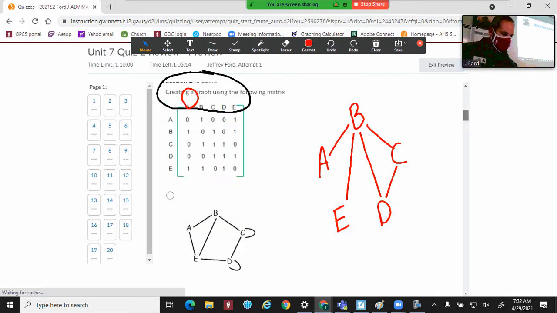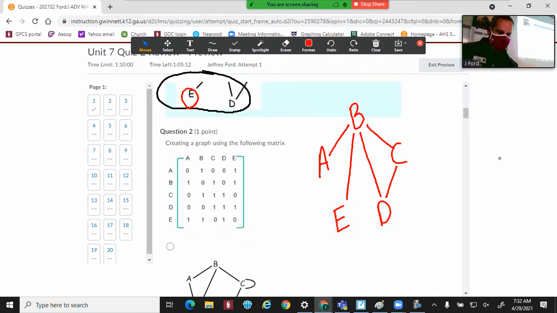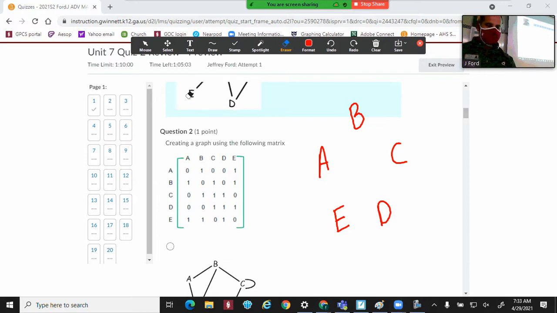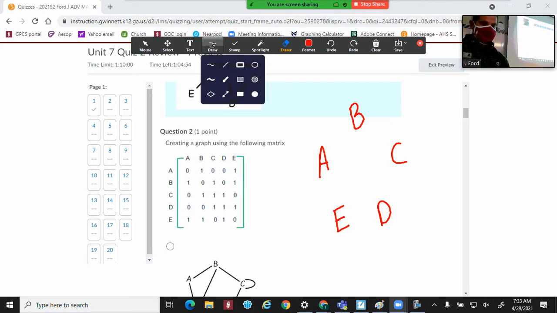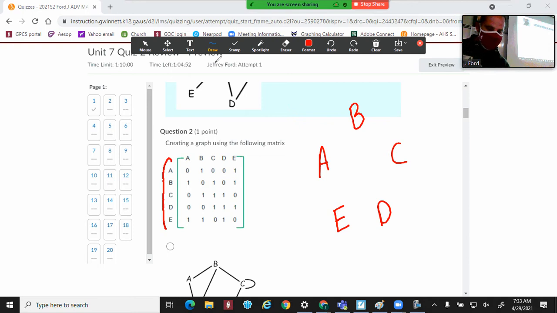All right. Next thing is a matrix. Matrix, same exact thing. Now remember, there's one thing with the matrix: when you create a graph with the matrix, once you draw a line, there's a good chance that you will skip it as you work down the matrix. First off, I'm dealing with vertices A, B, C, D, E. You will read the matrix based off of the rows.